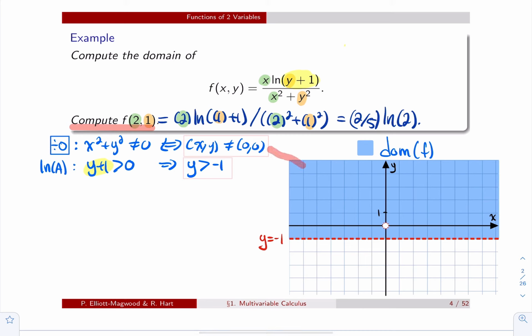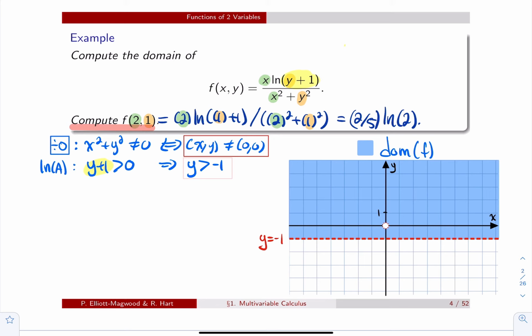You don't want the origin, and the origin does fall within that region. So you need to remove the origin from that zone. Here, every point strictly above y equals minus 1, but not the origin, so I drew a white dot there to punch out that point. So everywhere in the blue region is a point in the Cartesian plane where the function is defined.